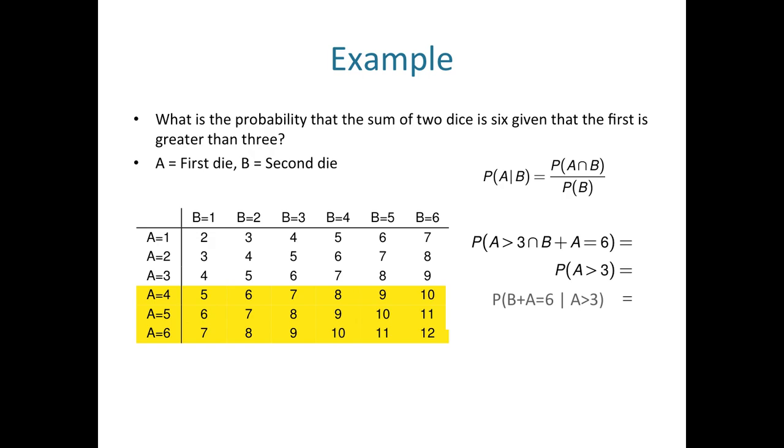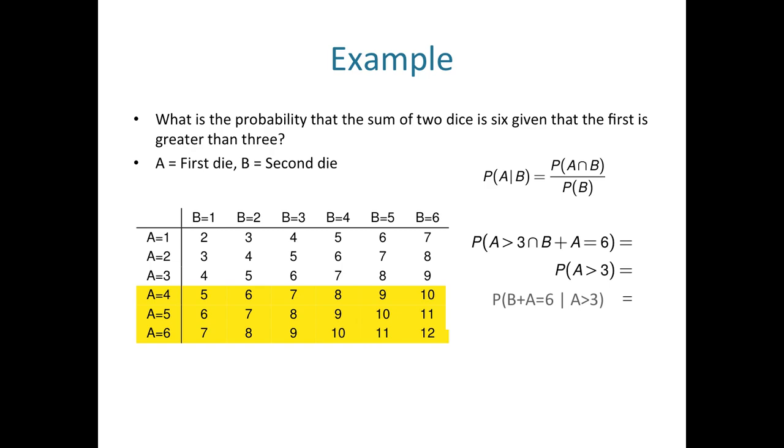Given that A is larger than 3, what's the probability that the sum is 6? We are looking into that joint probability. In order to do that, first of all, we have to look into the probability that the first dice is greater than 3. And we also have to look into the probability that the first one is greater than 3 and the sum is equal to 6.